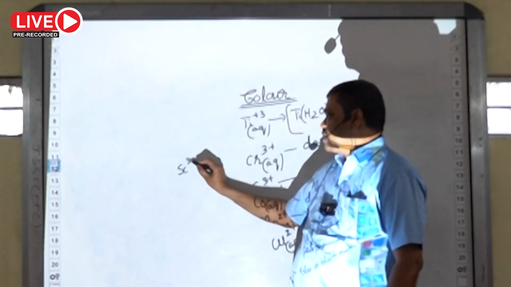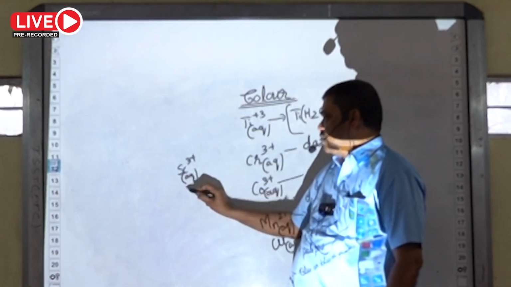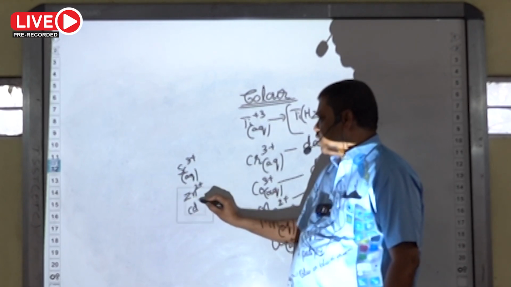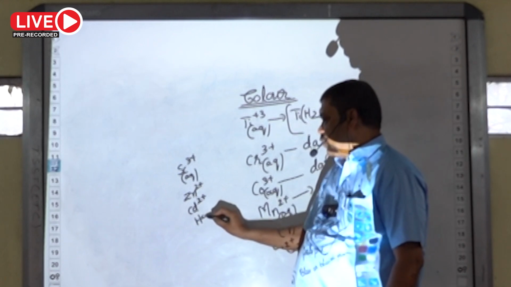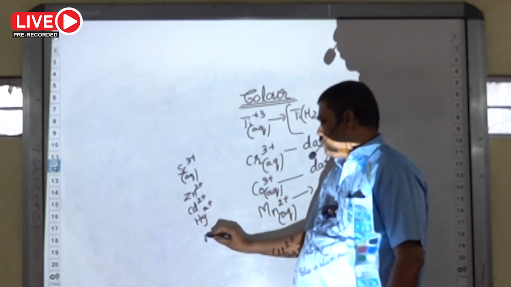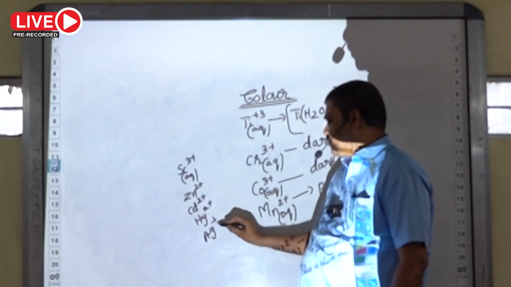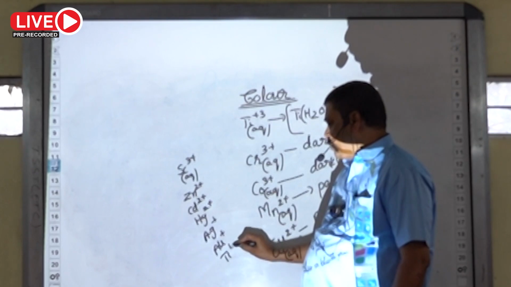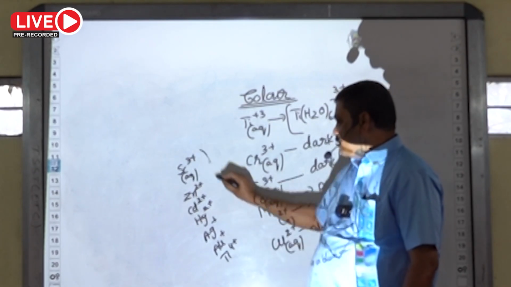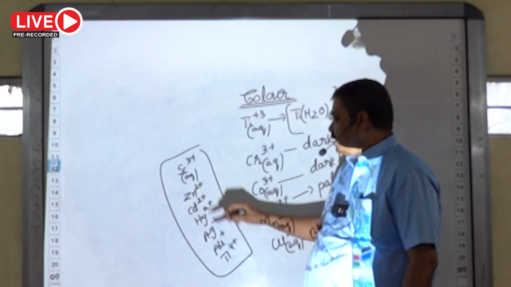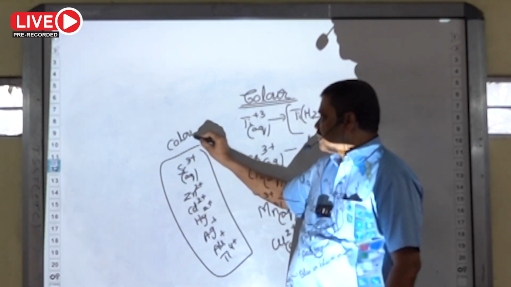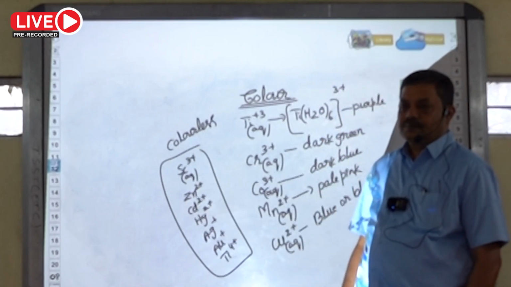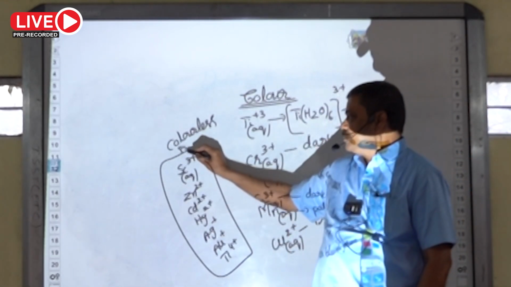Of course, some ions are not at all colored. Scandium 3 plus, aqueous, Zn 2 plus, cadmium 2 plus, mercury 2 plus, Ag plus, Au plus, Ti4 plus. All these are colorless in an aqueous medium.